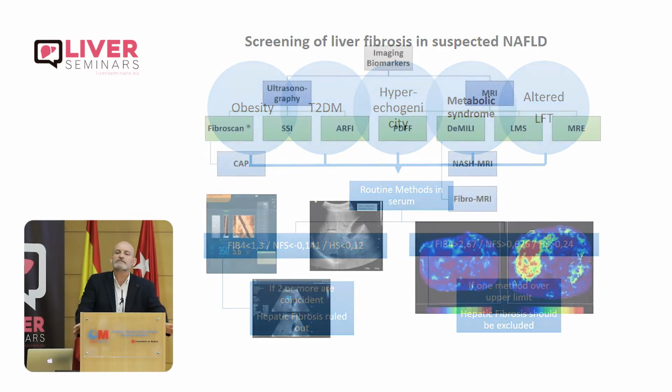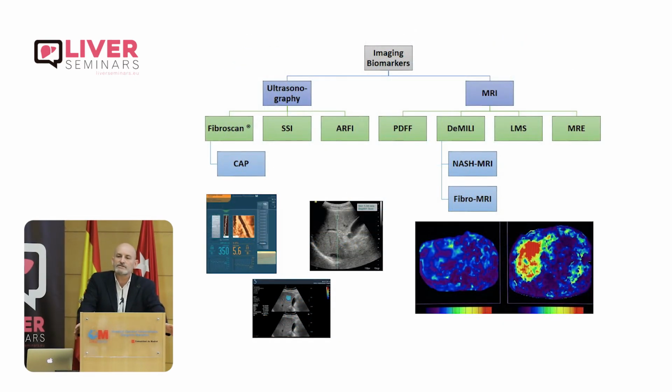And to do this exploration, to know exactly the fibrosis of our patient, we can use imaging biomarkers. They are working very well at this time. We have two types, based on ultrasonography or based on magnetic resonance. In ultrasonography, we have FibroScan with the CAP, the controlled attenuation parameter that I showed you before, the supersonic, and also the ARFI.